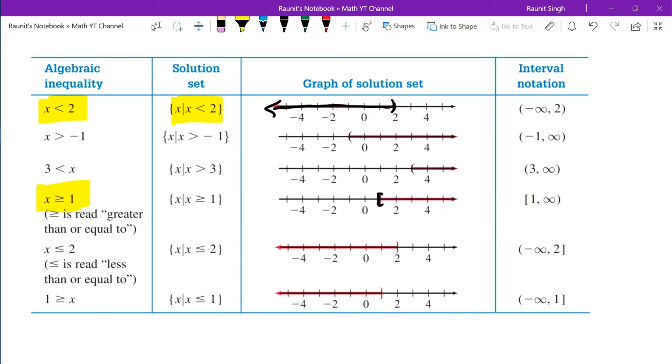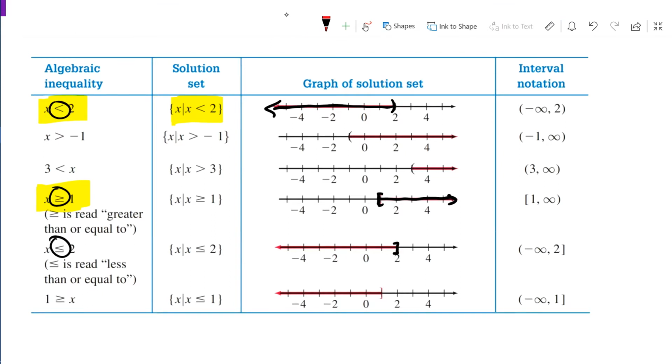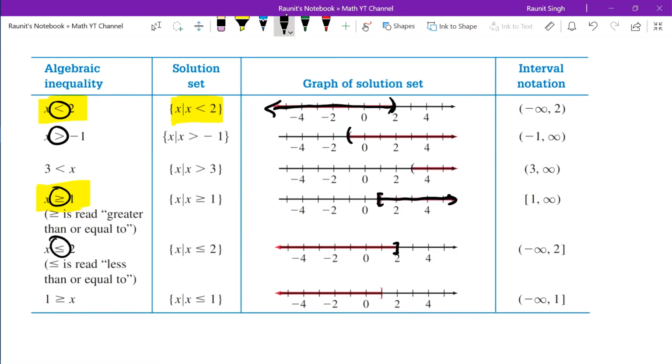Using context clues, you can probably figure out that when it has greater than or equal to or less than or equal to, it has these brackets, but if it's less than or greater than, it has these parentheses instead of brackets. And the same thing applies when you're using interval notation.